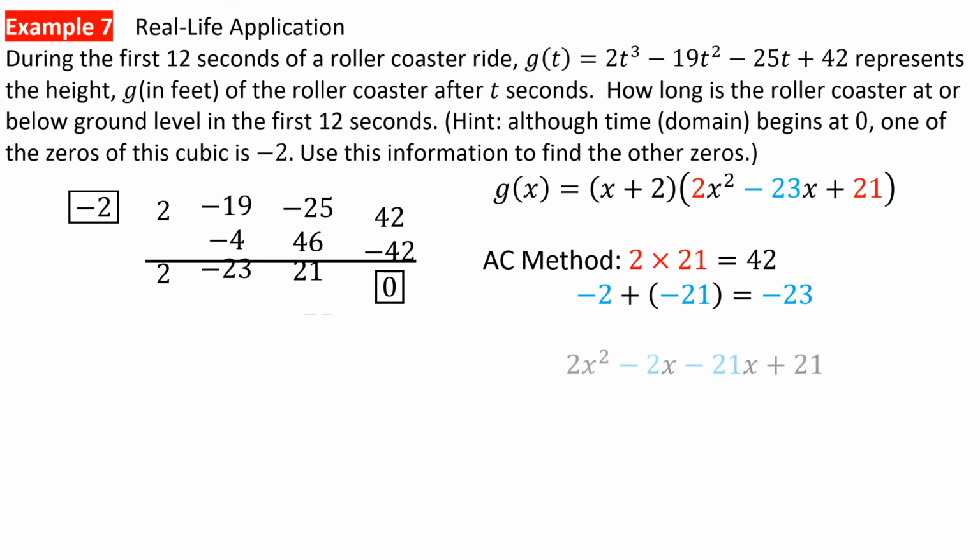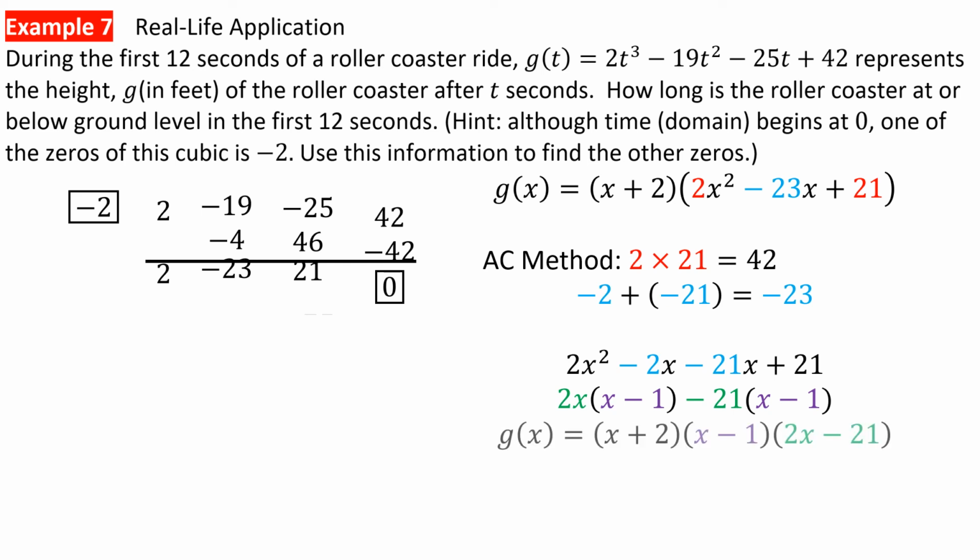So to rewrite that trinomial, we could say 2x squared minus 2x minus 21x plus 21. Go into some grouping, factor out the 2x, factor out the -21, and we should come to x plus 2, x minus 1, and 2x minus 21.